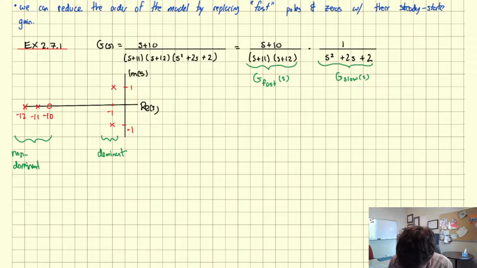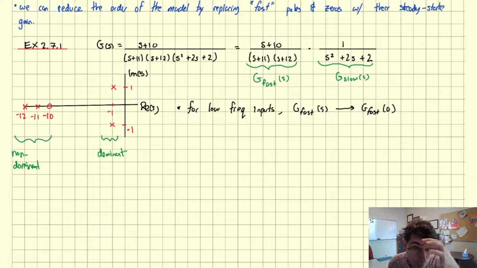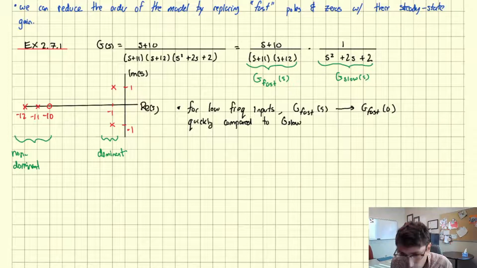So let me write that down. For low frequency inputs, G fast of s approaches its steady state gain, remember the final value theorem, G fast of 0, quickly, compared to G slow.